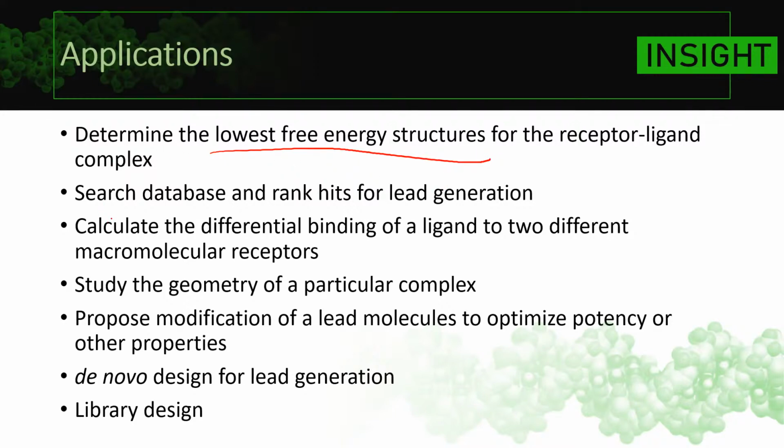Molecular docking can also be used to search a database of molecules and rank them for lead generation. This application comes from the most important field, which is drug discovery. To discover a new drug from the molecules already available in databases, we can simply apply this software to find out which molecule has the best possibility of being a lead in our drug discovery study.